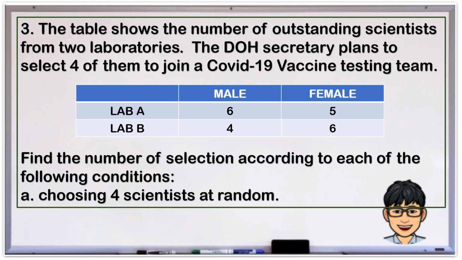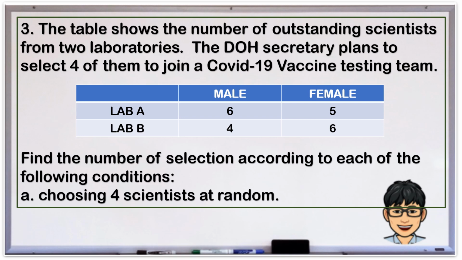Kung titingnan natin yung ating table, meron tayong Laboratory A and Laboratory B. From Laboratory A, there are 6 males and 5 females. And from Laboratory B, we have 4 males and 6 females.